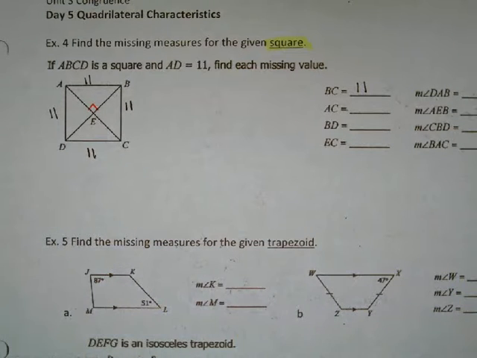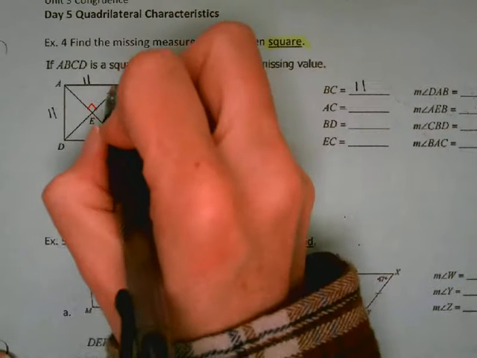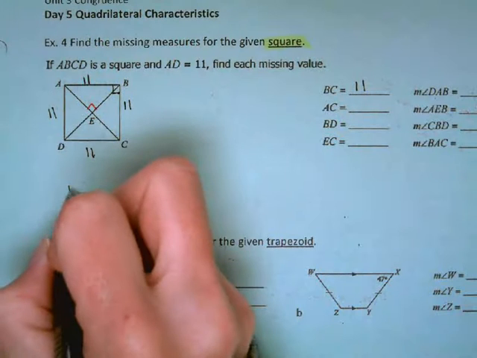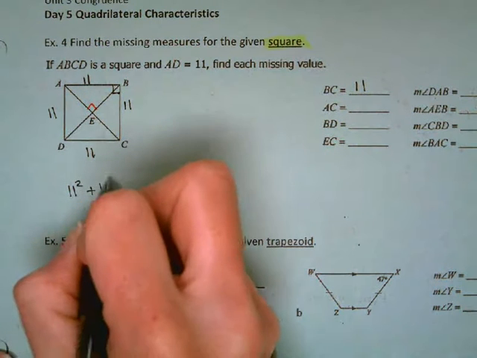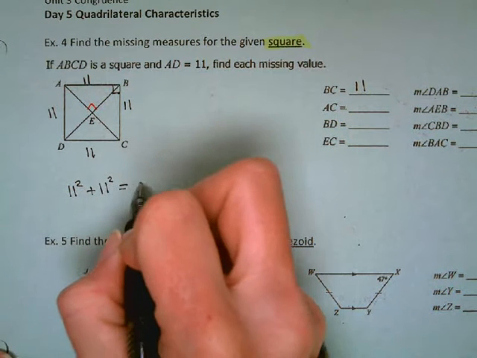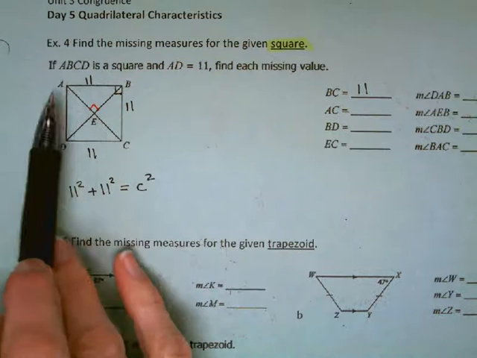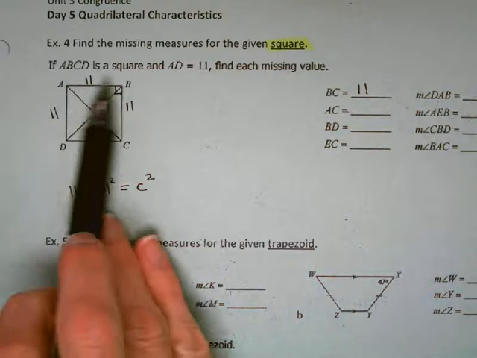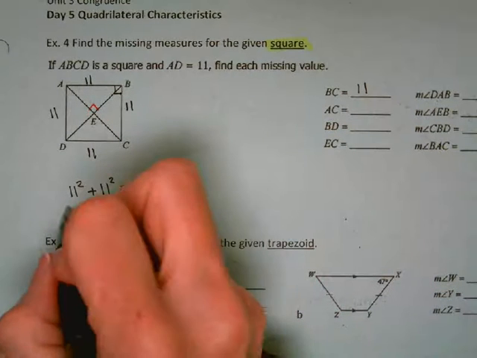What I did is I know that angle B is 90 degrees, so I did 11 squared plus 11 squared equals C squared. I don't know the hypotenuse here, I don't know this diagonal, but I know this makes a right angle, so you use the Pythagorean theorem.